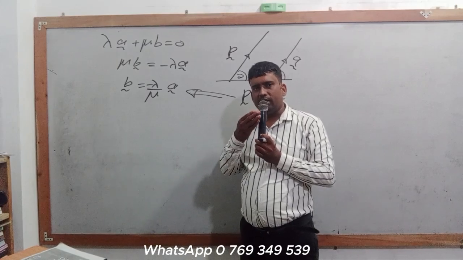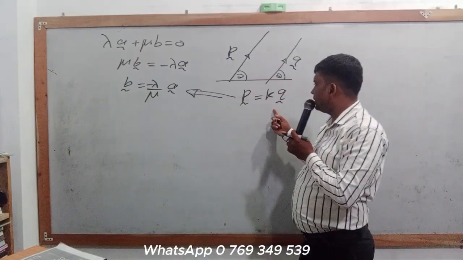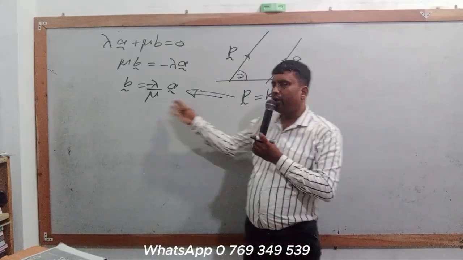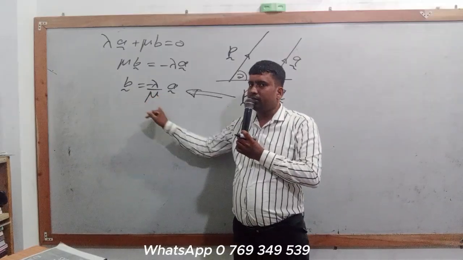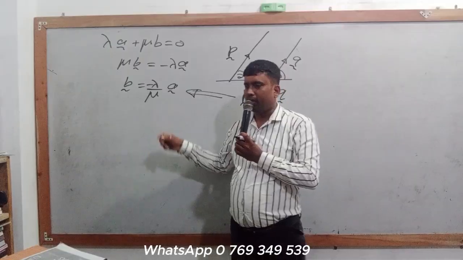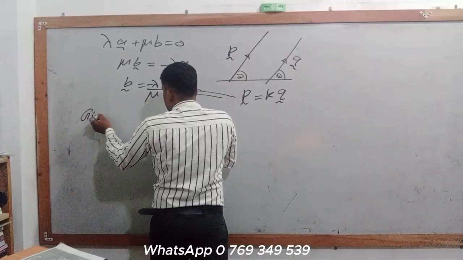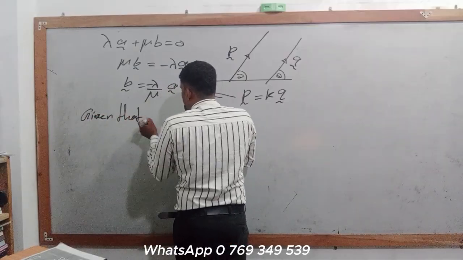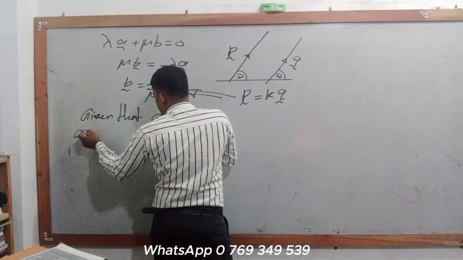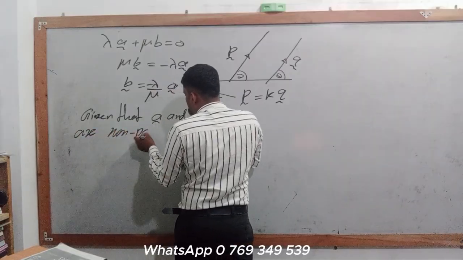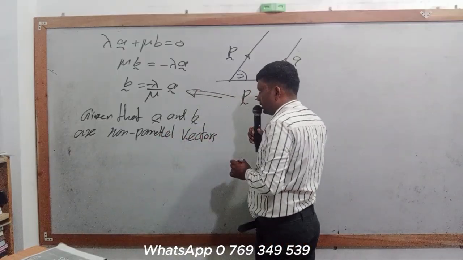But the question says A and B are non-parallel. But according to this theory, these two A and B are parallel, right? Here we can say that this is a contradiction. First we say that, given that A and B are non-parallel vectors, right?